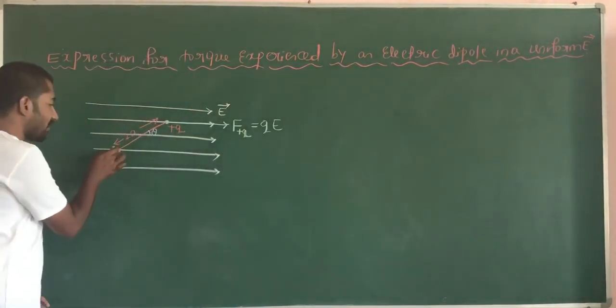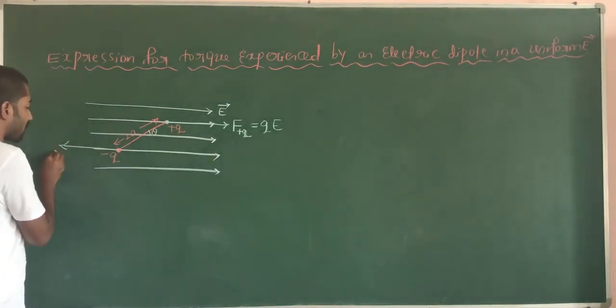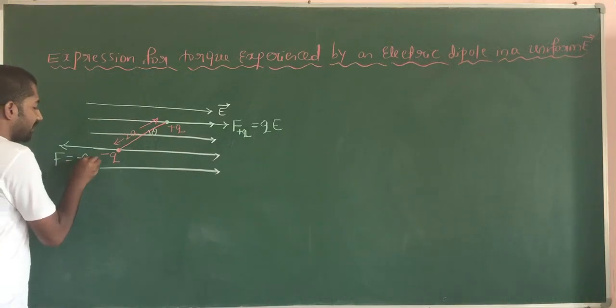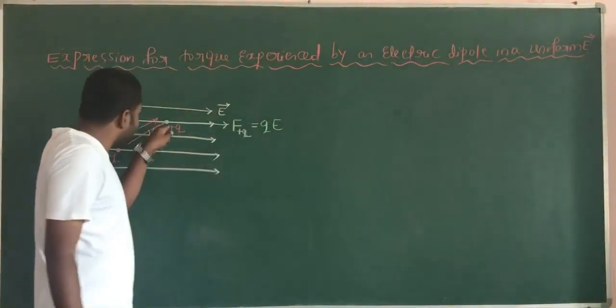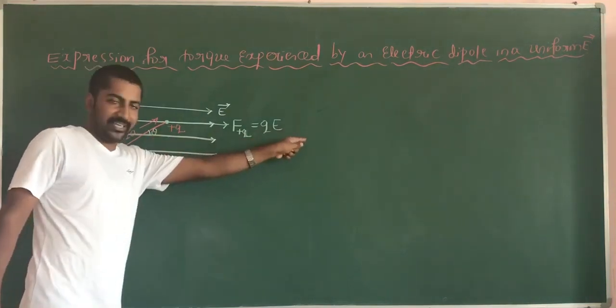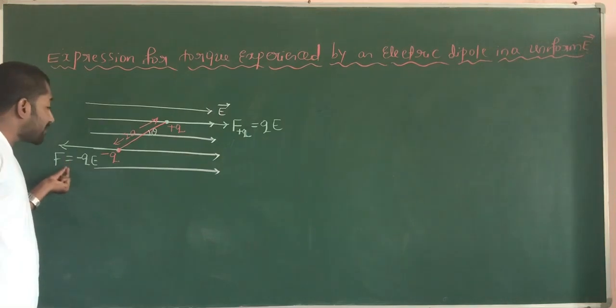But the force acting on the negative charge is anti-parallel to the direction of the electric field, that is minus Q into E. So the force acting on the positive charge is plus Q into E, and the force acting on the negative charge is minus Q into E.